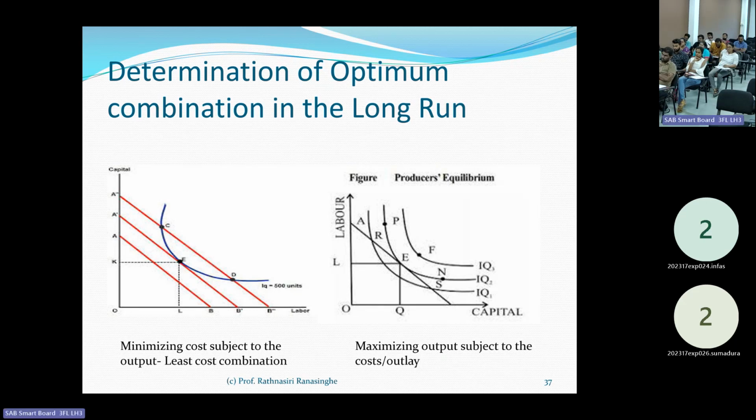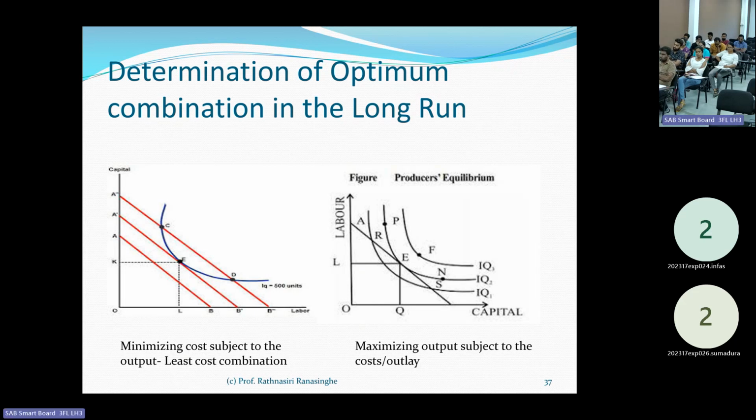So there can be different outputs. The different isoquants explain different output levels that the producer can reach. You know that a higher output level indicates a higher isoquant.